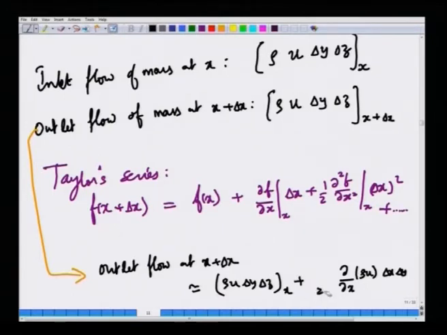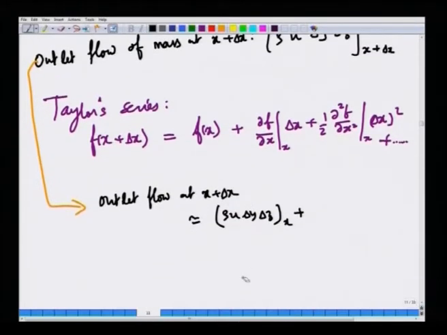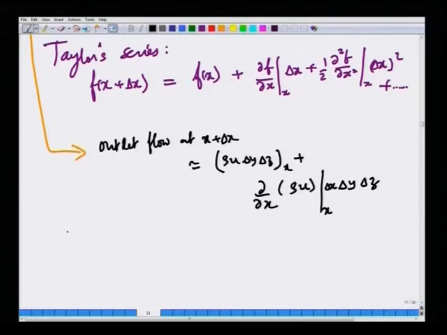So, let me make some space here. Okay. So, plus partial by partial x of rho u at x times delta y delta z times delta x, because the Taylor expansion is only with respect to x. So, we will pick up a delta x here.